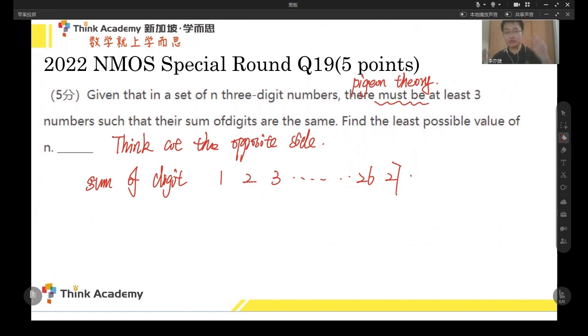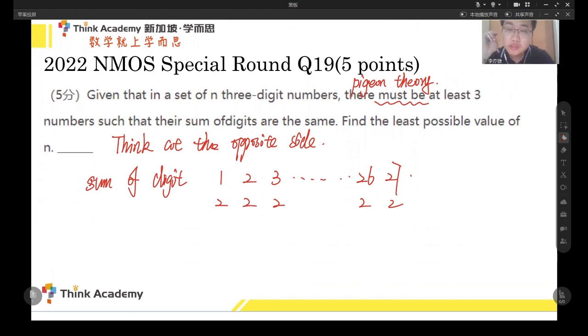And here we can use these 27 different cases as 27 pigeonholes or 27 drawers according to the pigeonhole theory. So the question is, we need to choose as many numbers as possible so that no 3 numbers share the same sum of digits, which means that in each case, the number is at most 2.